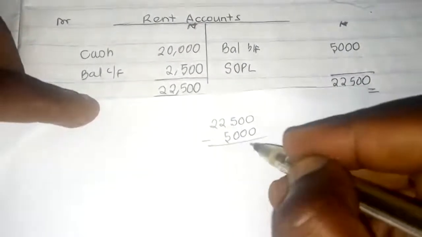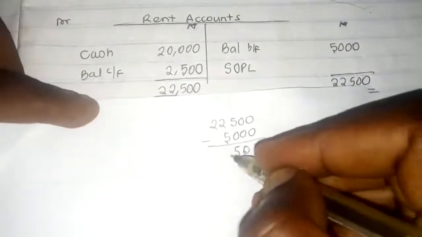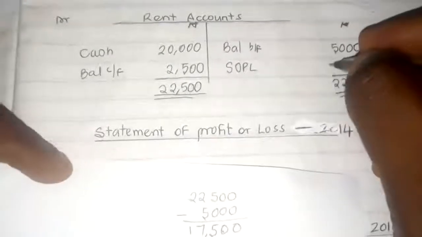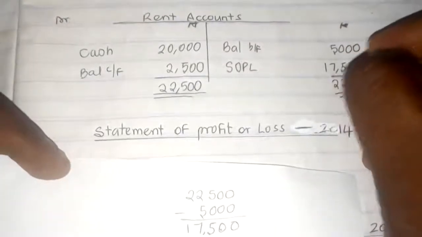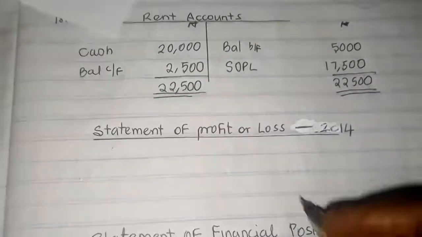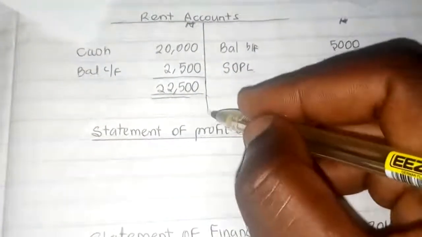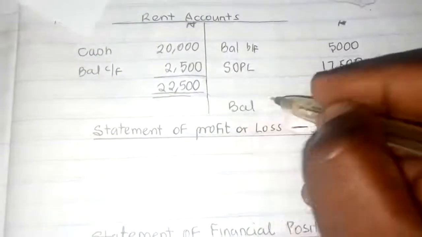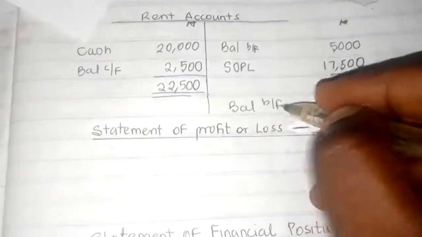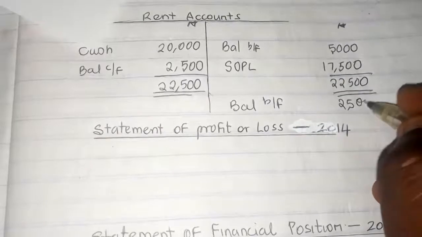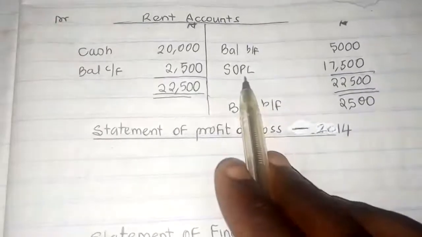So what do you have? 0, 0, 5. This will give you 17,500. So this is the balance carried forward. Then you extend this a bit, we have balance brought forward, which is 2,500. So this is the statement of profit or loss.